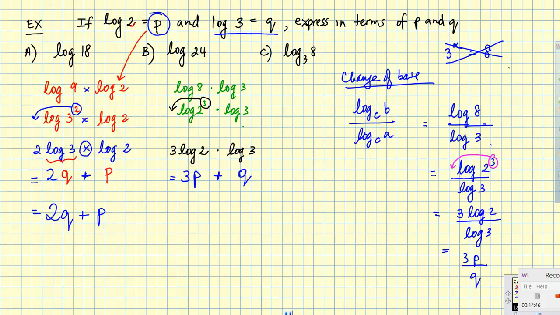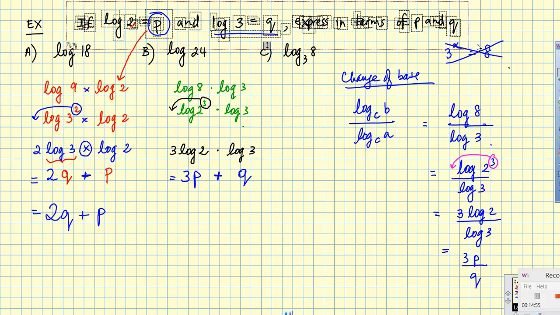All right, let's take another example. So I'm going to take this example here, and I'm just going to take the question, control copy, and move it to a next page.